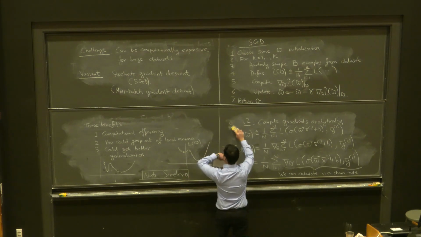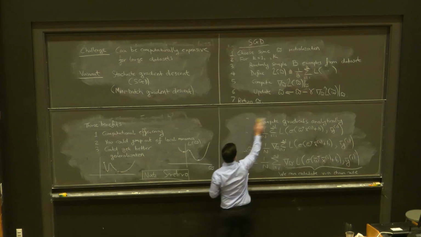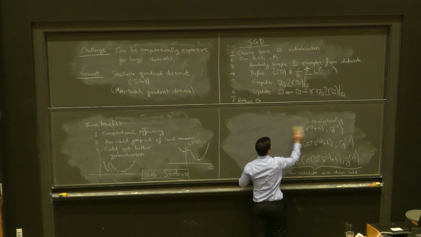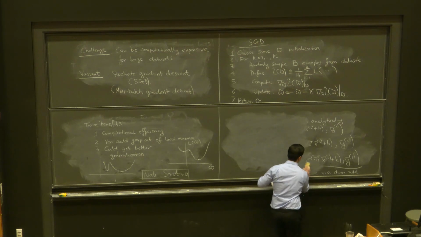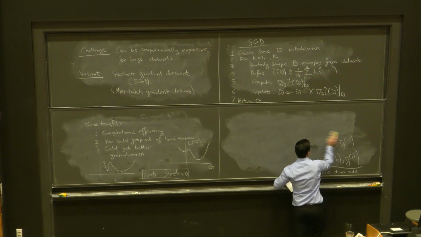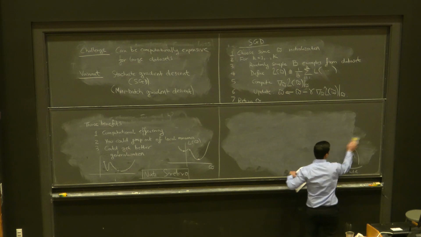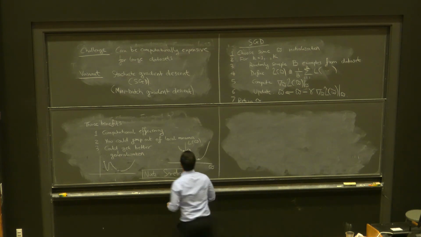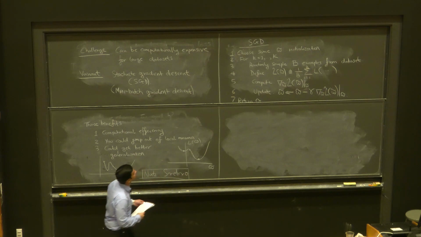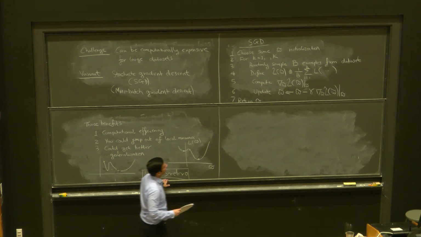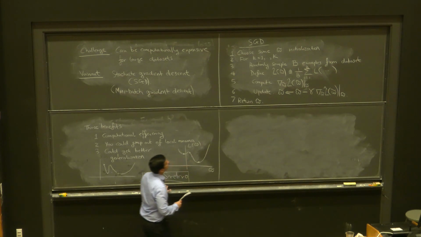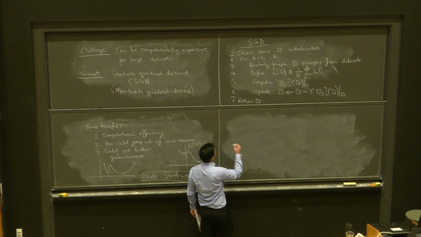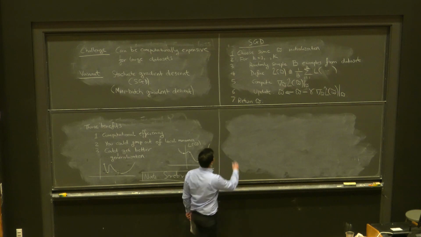Let me see how we're doing on time. So about 10 minutes. All right, so stochastic gradient descent is the algorithmic workhorse in terms of optimization for deep learning. There are some other bells and whistles.